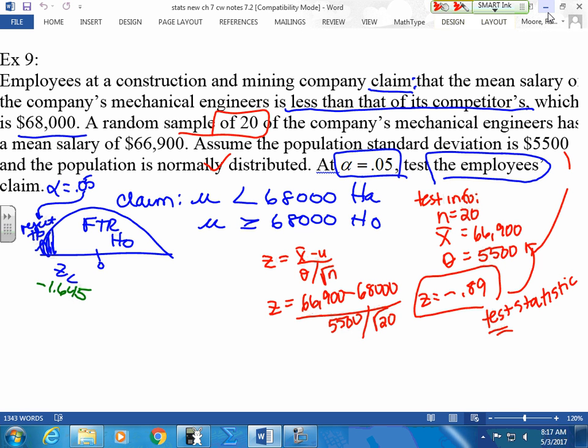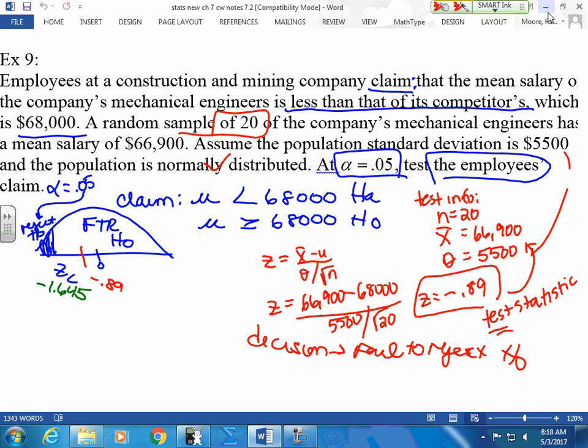Somewhere around here is my negative 0.89. What's my decision? Fail to reject. So my decision is right there staring at me. Fail to reject H0. There's my decision. I don't have to test any p-values.